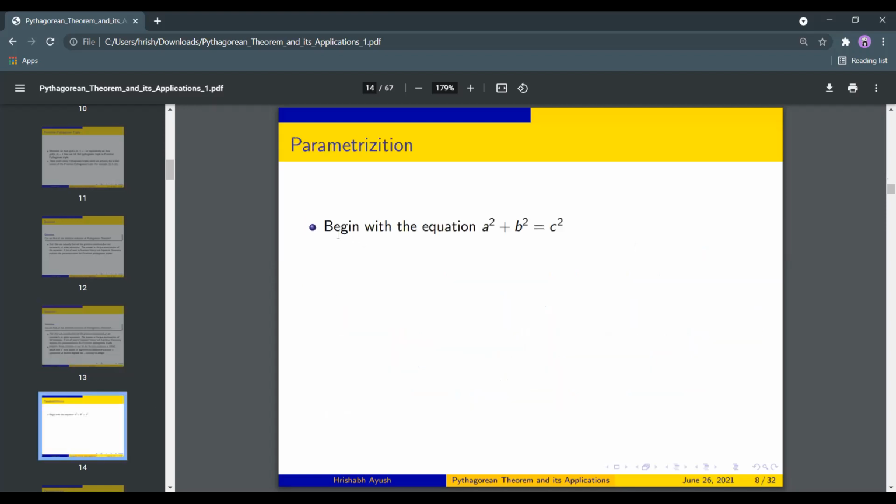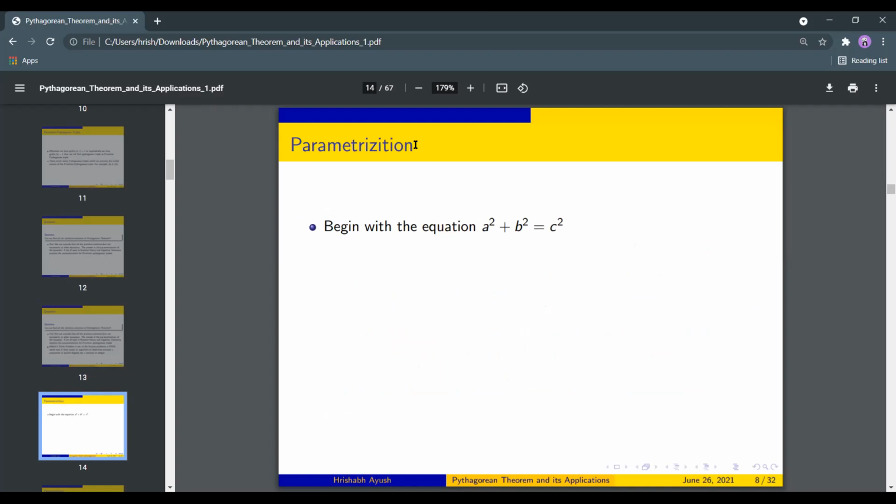So now let's see how parametrization works. You have this equation a squared plus b squared equals c squared. Does anyone see how parametrization works, or what parametrization is? Any questions on that? Can you please explain that?